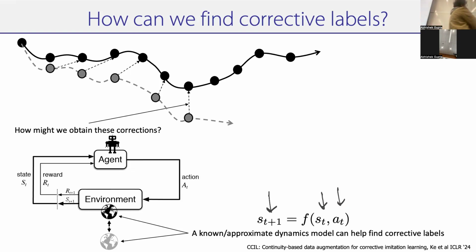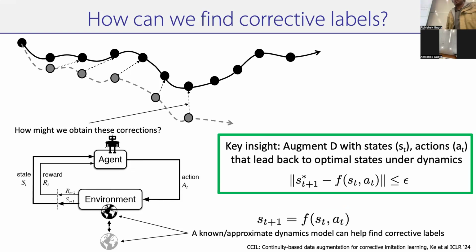The high level idea was that if we knew the dynamics model of the world, F, then if you wanted corrective labels, you just need to find the states and actions that bring you back to optimal states in the training data set. So you can solve this optimization problem: given an F, find an S and A that bring me back to an optimal state with high likelihood.